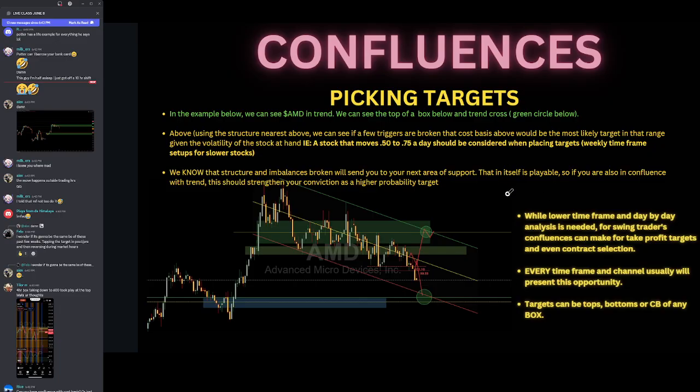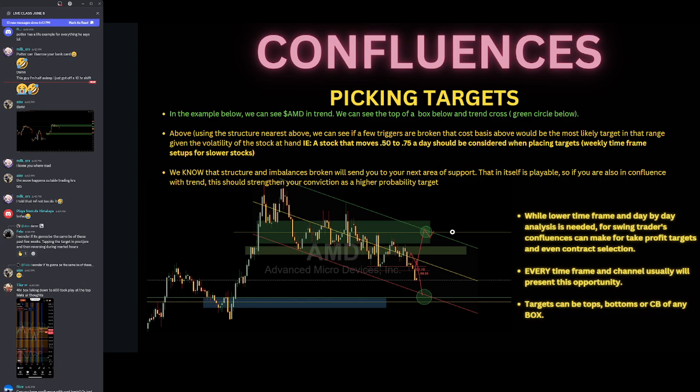While lower time frame and day-by-day analysis is needed for swing traders, confluence can make for take profit targets or even contract selection. So if I have a channel and the top of that channel shows me my target, and my target is 80, and the bottom of my box is 80, and empty space is there, what do you think the right answer is?